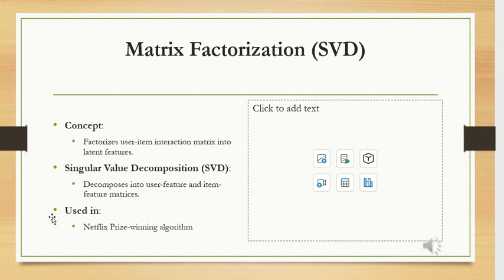Singular value decomposition is a specific type of matrix factorization that decomposes the matrix into user features and item features, three matrices: user matrix U captures the user's preference in terms of latent features, the singular value matrix gives the importance of each latent feature, and item matrix V captures the item characteristics in terms of the same latent features. It was used in the Netflix Prize algorithm, which dramatically improved recommendation accuracy.